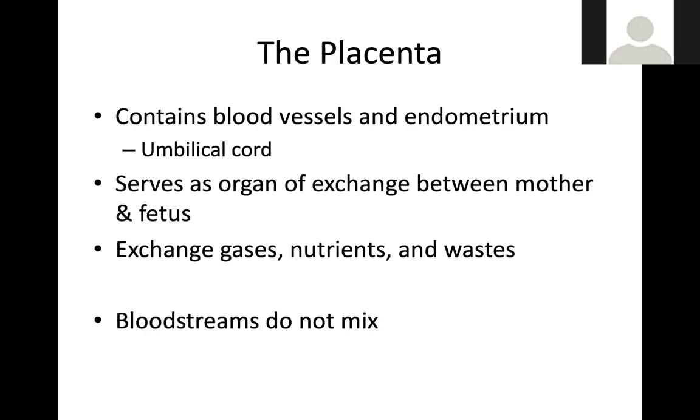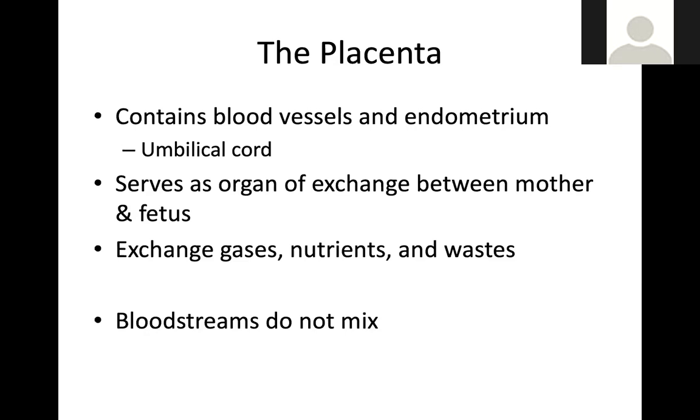The bloodstreams do not mix. So this is really important, okay? And we don't want the bloodstreams to mix because it's possible that the fetus or the baby has a different blood type than the mother, and we don't want them to mix, especially if they have the antigens of the opposite person, right?